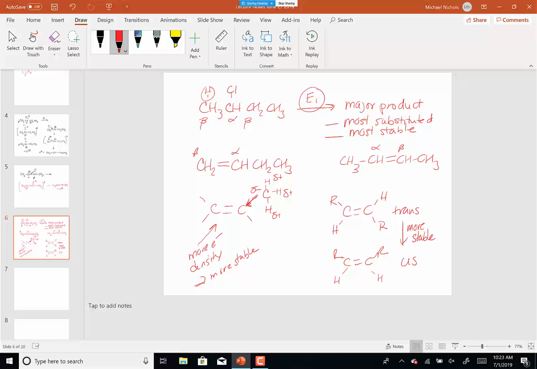So trans is going to be more stable than cis. But the first way to look at stability is how many groups are attached to that double bond.